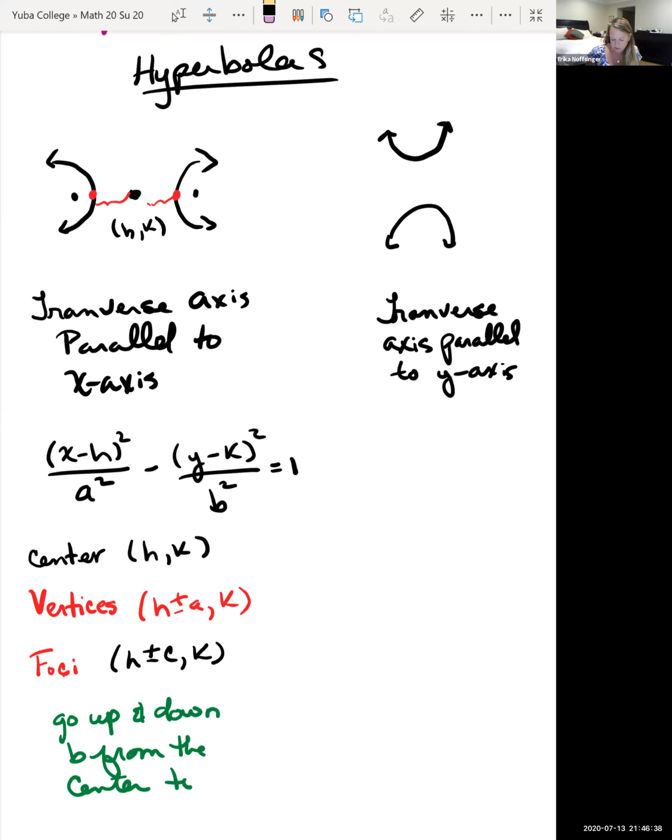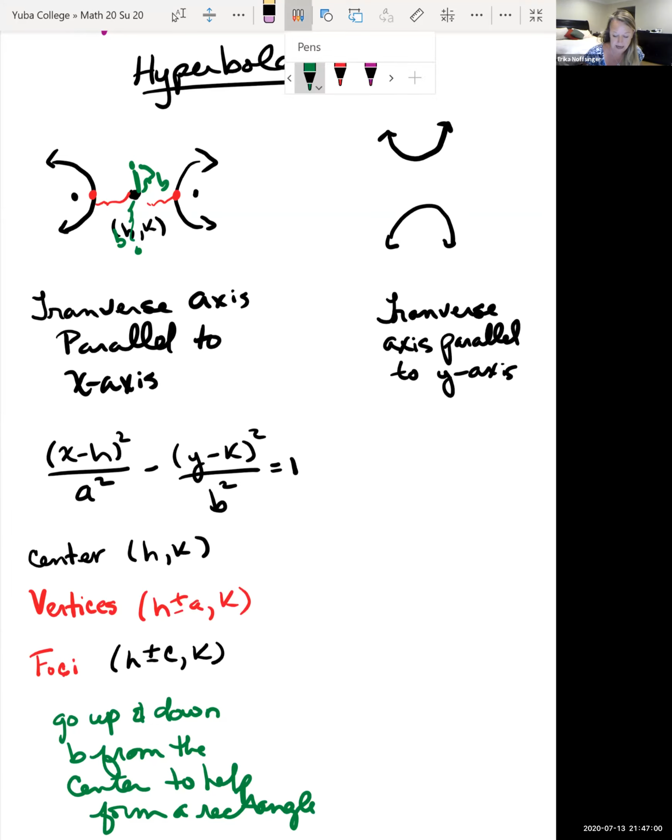To help form a rectangle. So let's say we had some b value here and some b value here. So what we're going to do is form a rectangle with these vertices and these b values.